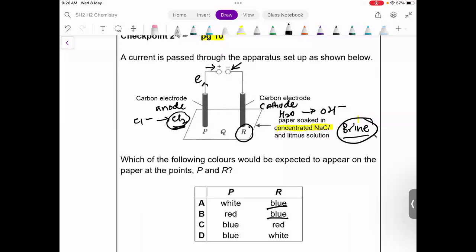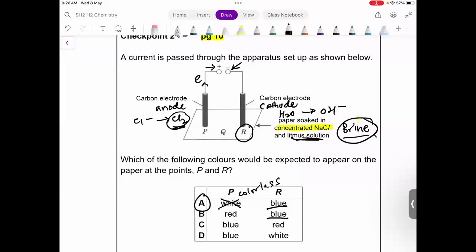It bleaches your litmus. So it should actually be colorless because it's a solution. Unless we are talking about filter paper soaked in litmus solution, then that area will be white. Okay, anyway, doesn't matter.